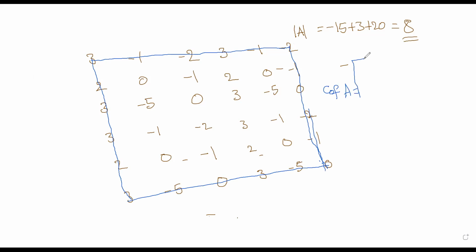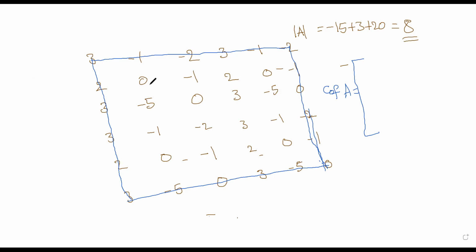That's called the cofactor matrix of A. For this, if you take the transpose, you get the adjoint.